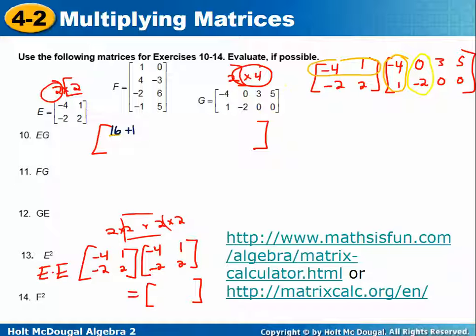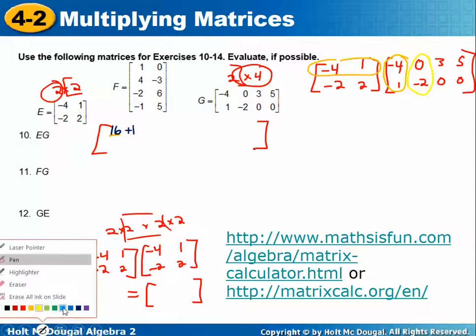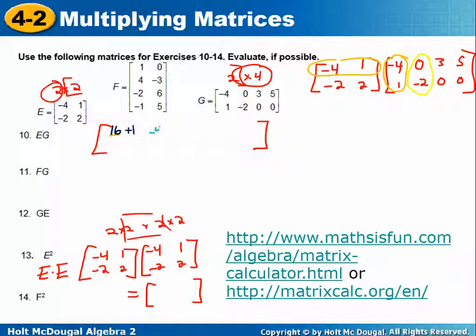So negative 4 times 0 is 0. And then I have 1 times negative 2, that's negative 2. Okay, then I'm going to take the first row times the third column. So I'd have negative 4 times 3, that's negative 12, plus 1 times 0, that's 0. And then finally, I have the first row times the last column. So I have negative 4 times 5, plus 1 times 0 is 0.